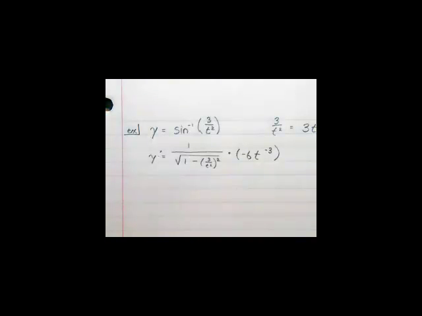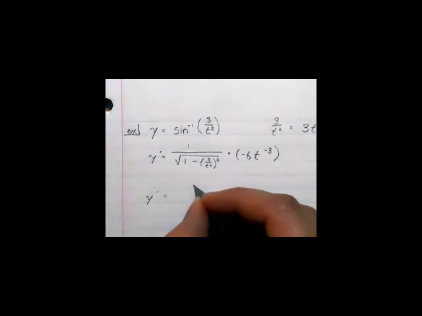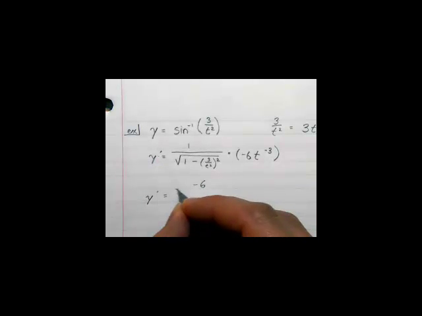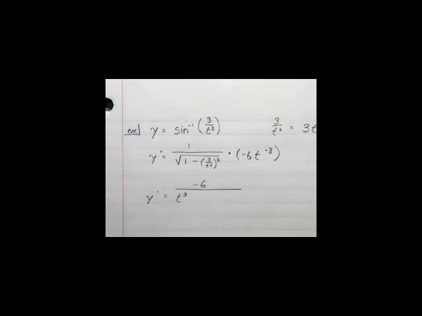So that's kind of where we're starting here, is we've got 1 over the square root of 1 minus 3 over t squared, squared, times negative 6t to the negative third. Okay, so see if you can follow me here. This negative 6 is going to come on up on top. I'm going to put a t to the third right here in front of the square root.